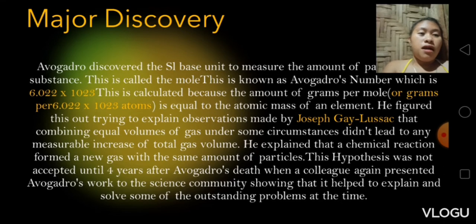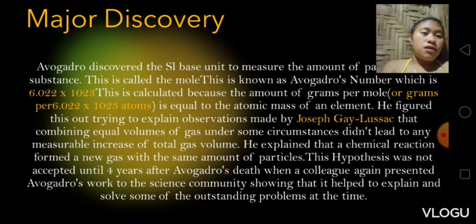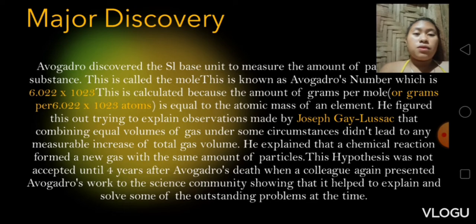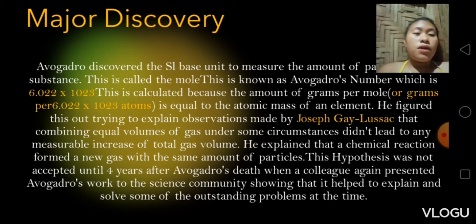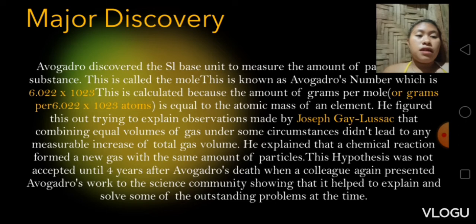This hypothesis was not accepted until 4 years after Avogadro's death, when a colleague again presented Avogadro's work to the science community, showing that it helped explain and solve some of the outstanding problems at the time.